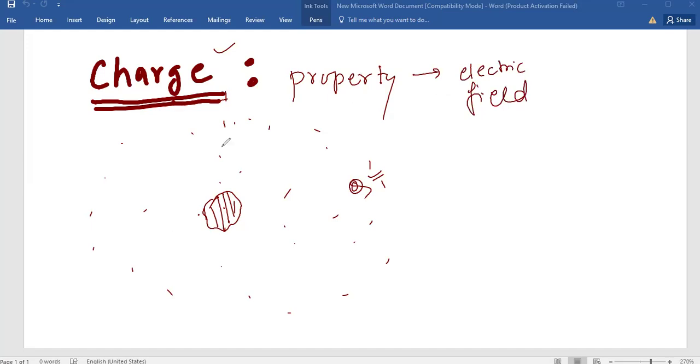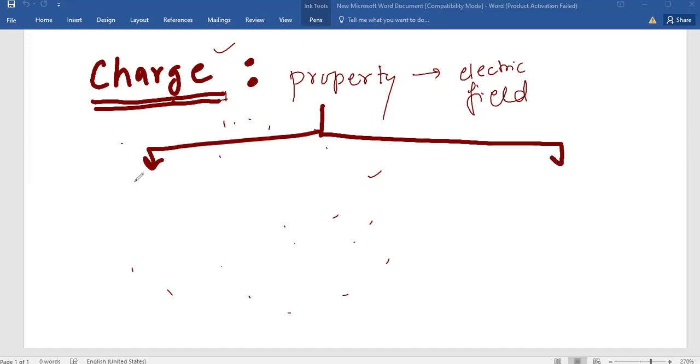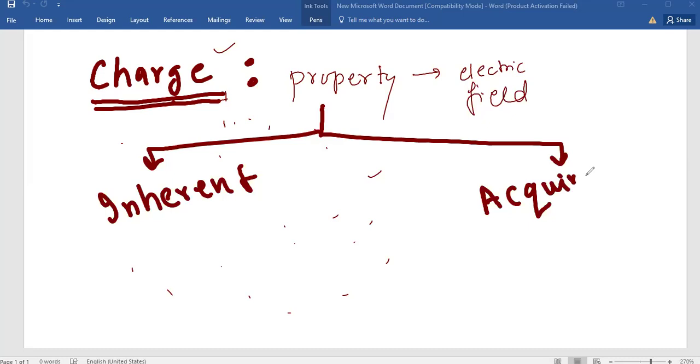But how does this property appear in any body? This property is of two types. One is called inherent property, and another is called acquired property. So we are talking about the property of charge.